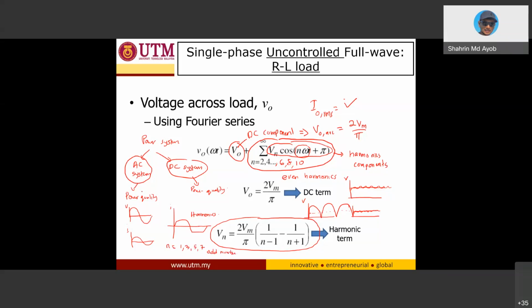That's why for the AC system we call them odd harmonics. While for the DC system, the harmonics that appear are even numbers. The voltage value you can calculate using this equation: 2Vm over pi, then 1 over n minus 1 minus 1 over n plus 1. Clear on that?